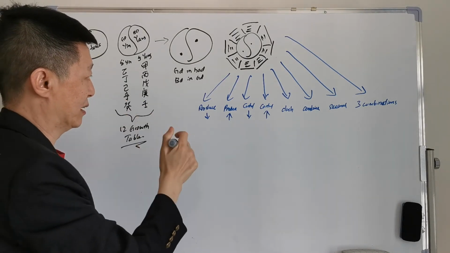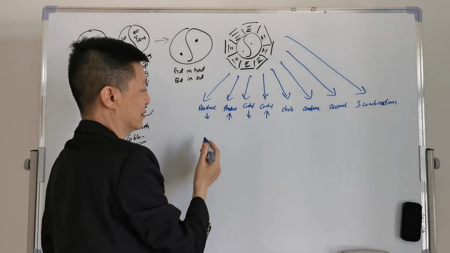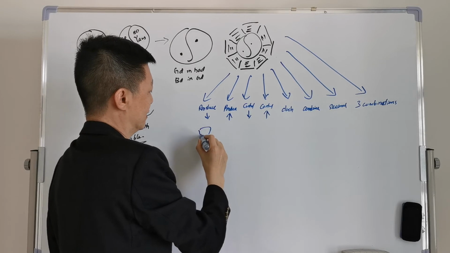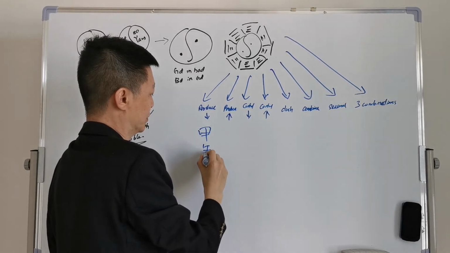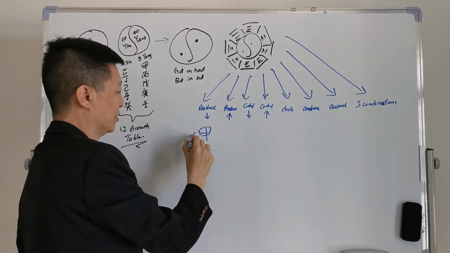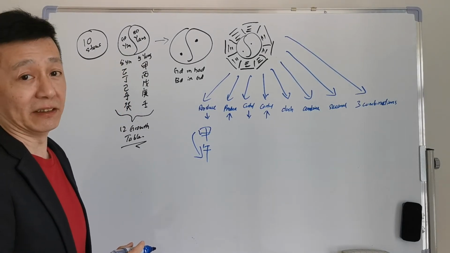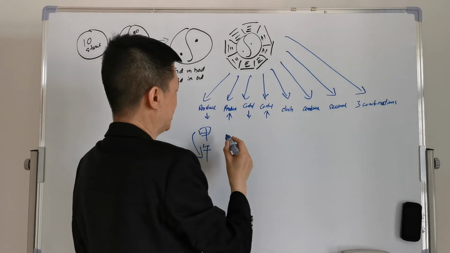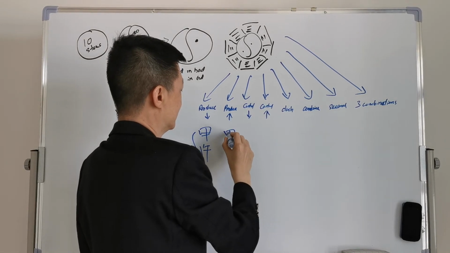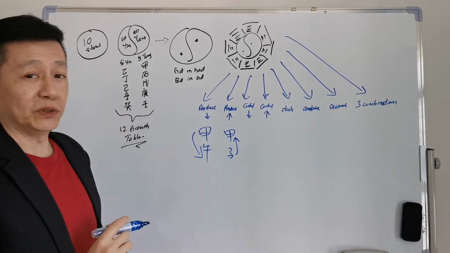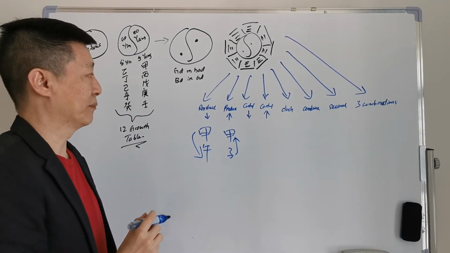So I give you examples. What is produce down? Jia wu. It's called wood produces fire. It's called produce down. What is produce up? Jia zi. Water produces wood. Understand?